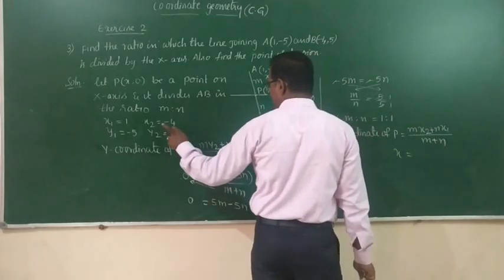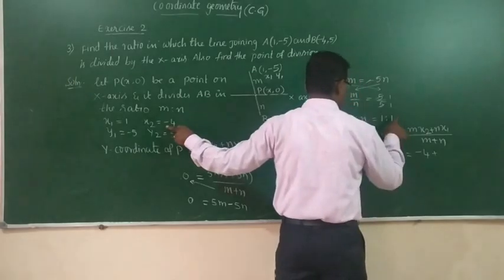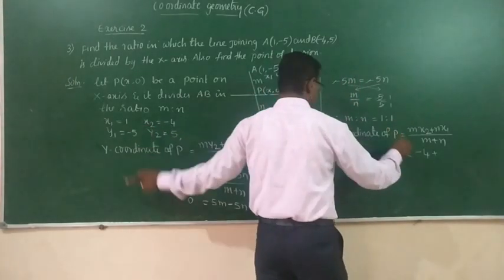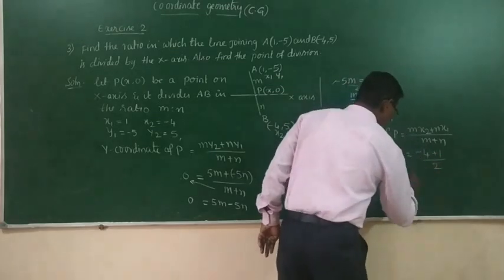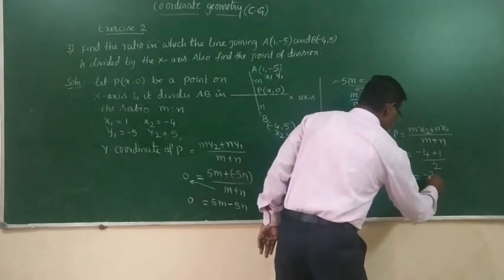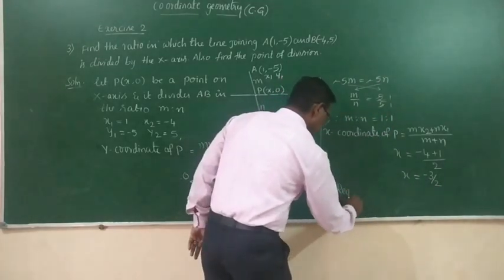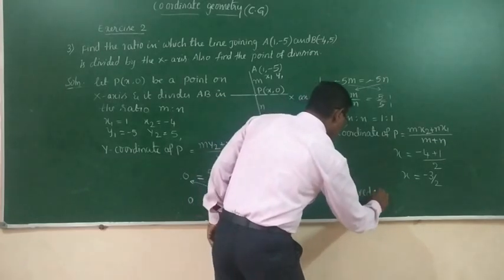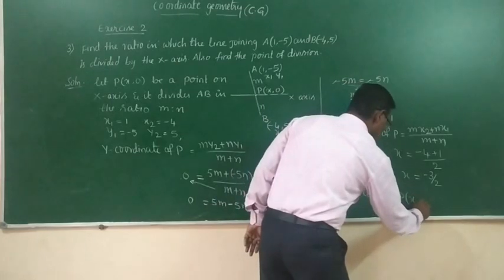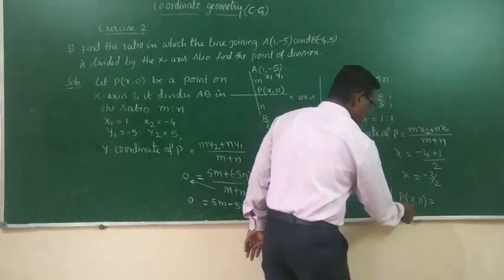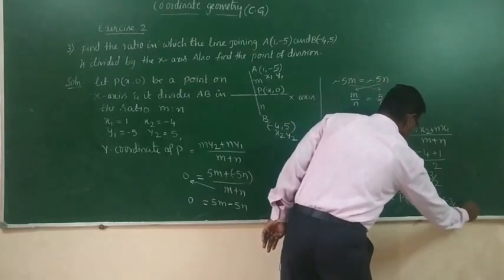Here mx2 is 1 into -4, which is -4, plus n value 1 into x1, which is 1, by m + n, which is 1 + 1 = 2. Therefore, x equals -3 by 2. The required point is P(-3/2, 0).